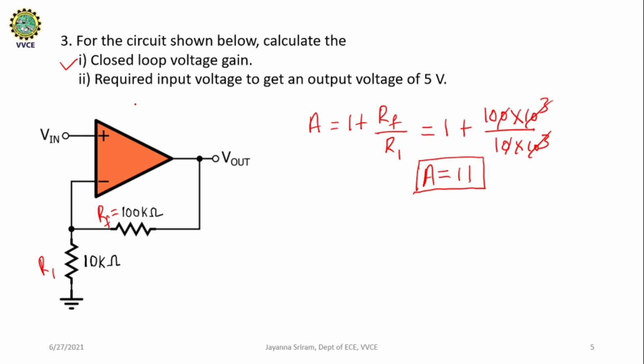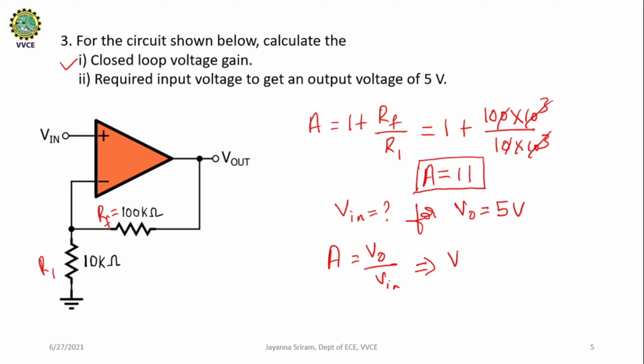Now coming to the second one, we need to calculate the required input voltage to get an output voltage of 5 volts. So we need to calculate Vin for Vout equal to 5 volts. Again we know that the gain is equal to V0 divided by Vin.